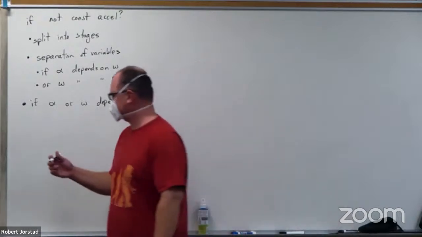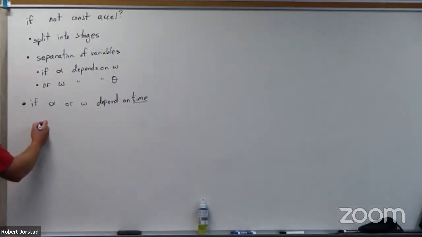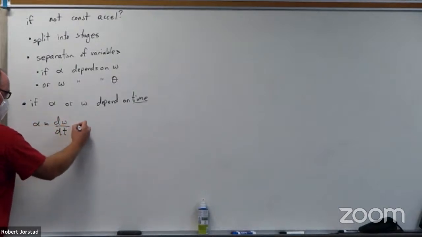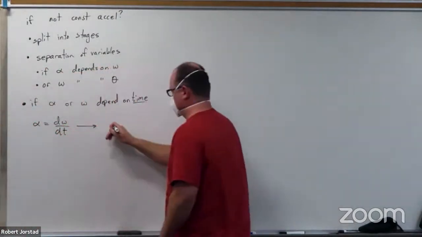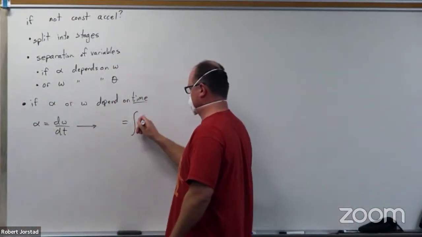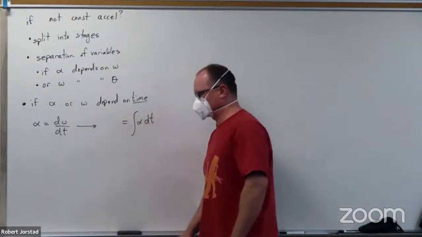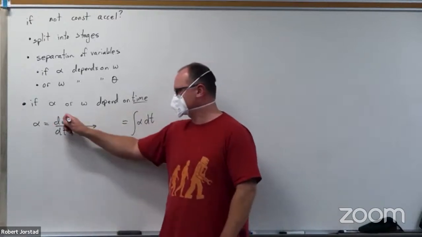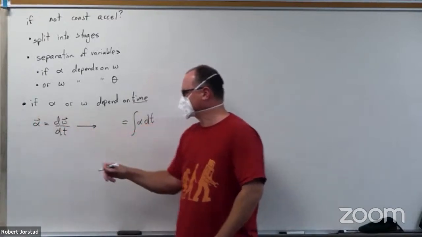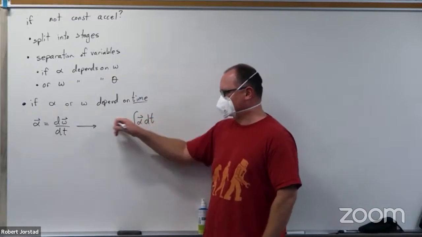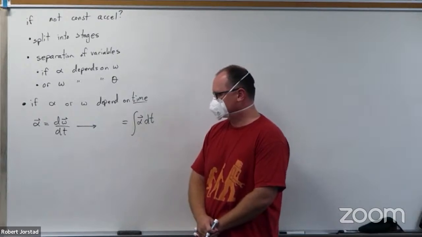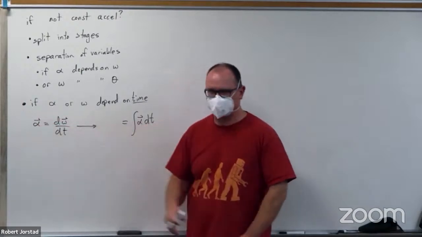Remember that? So if we didn't have to separate, you could have alpha is equal to, do you remember when we just do the integral? You can take the derivative of omega to get alpha. If we integrate alpha, what do we get? You flip this over and then you integrate both sides, what should you get?